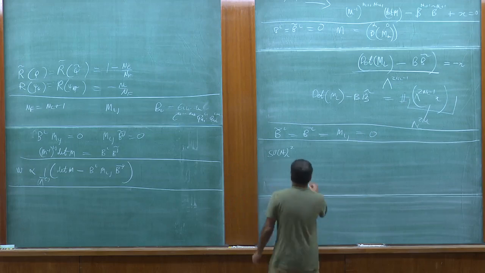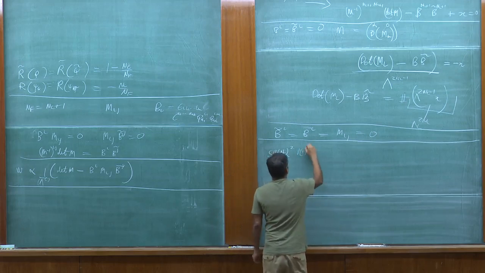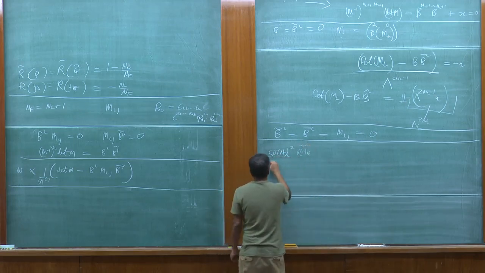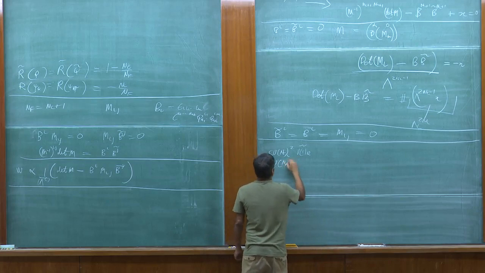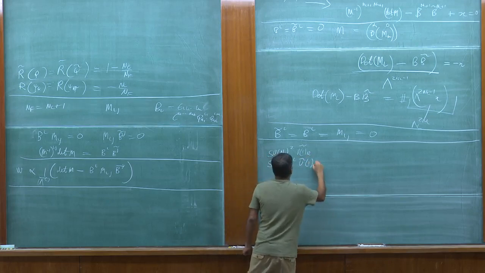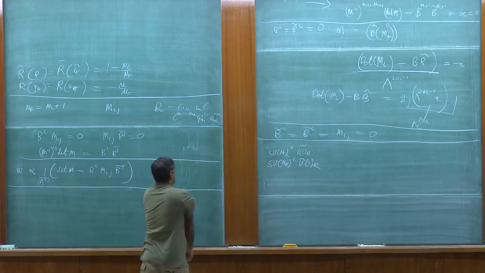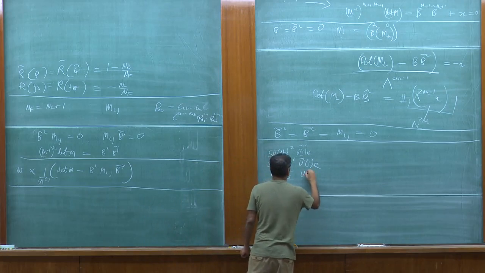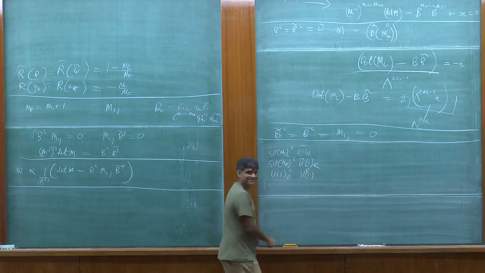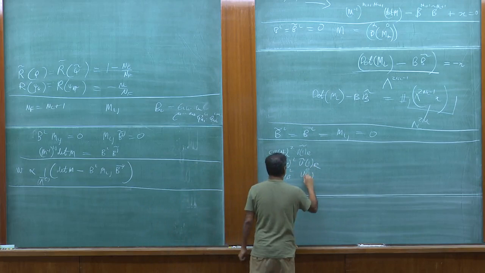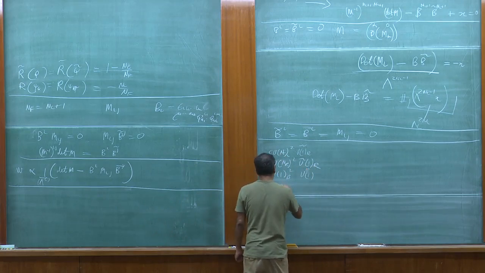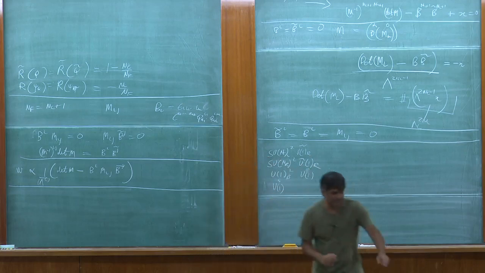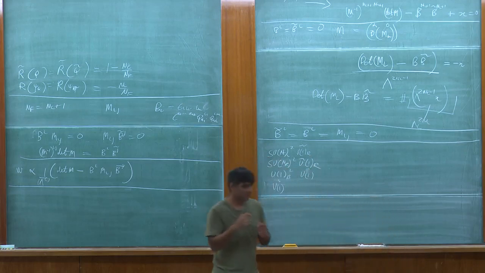But we can put one U(1)_R. Similarly, we can get SU(NF)_R squared times U(1)_R. Then we could get U(1) baryon squared times U(1)_R. And we can get U(1)_R cubed. Let me see if I've missed anything.